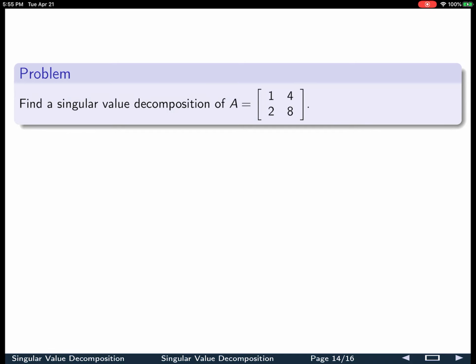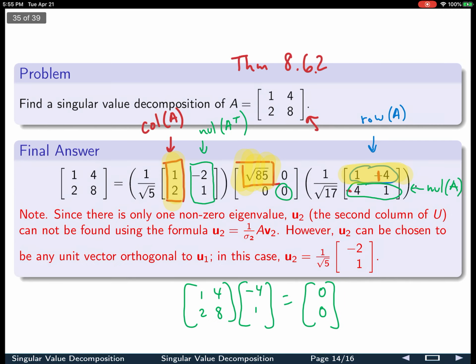And all of the writing that you're going to see here, I might have to erase some of it, but it is explaining how you're able to see all of the 4 fundamental subspaces of this original matrix A based on the singular value decomposition. So yeah, when we find the singular value decomposition for this, we're going to find one non-zero singular value, and then we're going to have 0 as the other one.